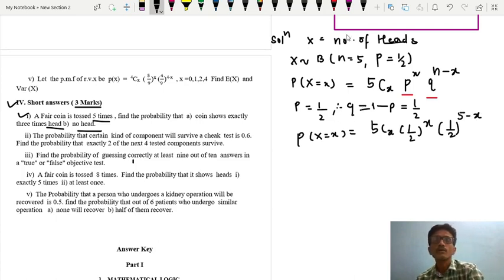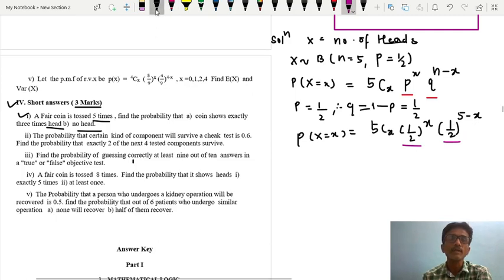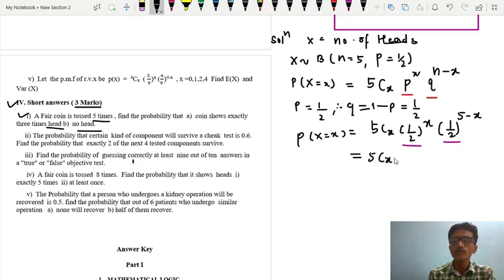Now what can we do here? We have 1 by 2 raised to power x and 1 by 2 raised to power 5 minus x. By laws of indices you can write this as 5Cx into 1 by 2 raised to power 5 minus x plus x, that is 5 only.